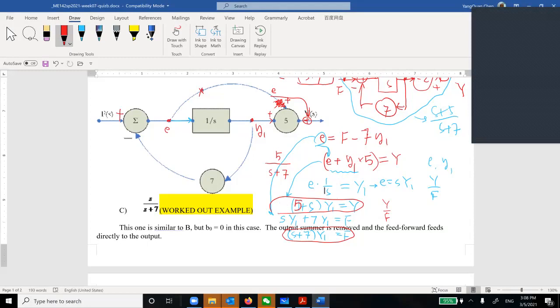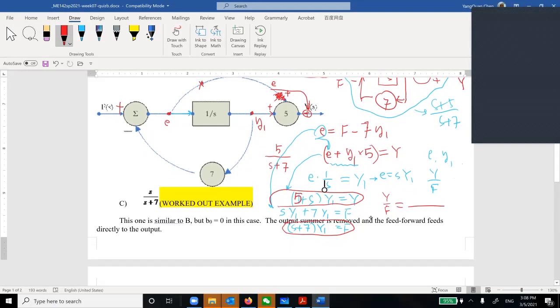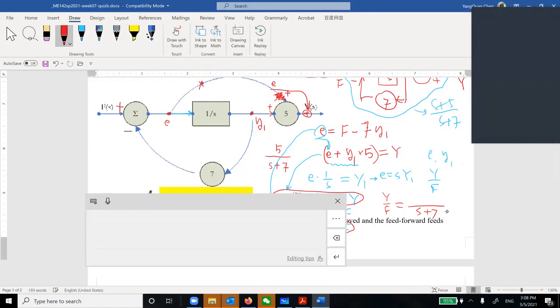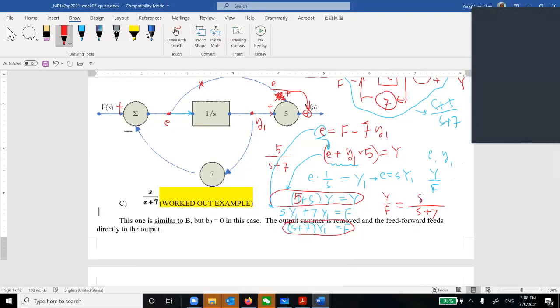Okay, 5 in here. So in this way, you are going to get y divided by F, which is S plus 5 over S plus 7. Don't you guys see this is so tedious? Okay.